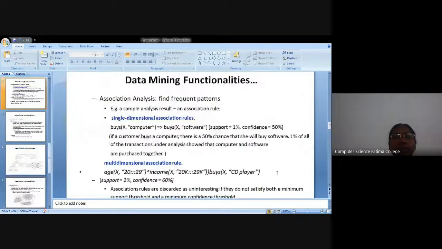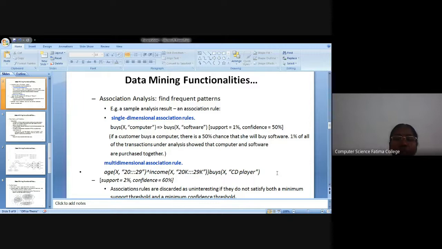The third data mining functionality is association analysis. So how do we find the associations? After finding the frequent patterns, we implement association rules.